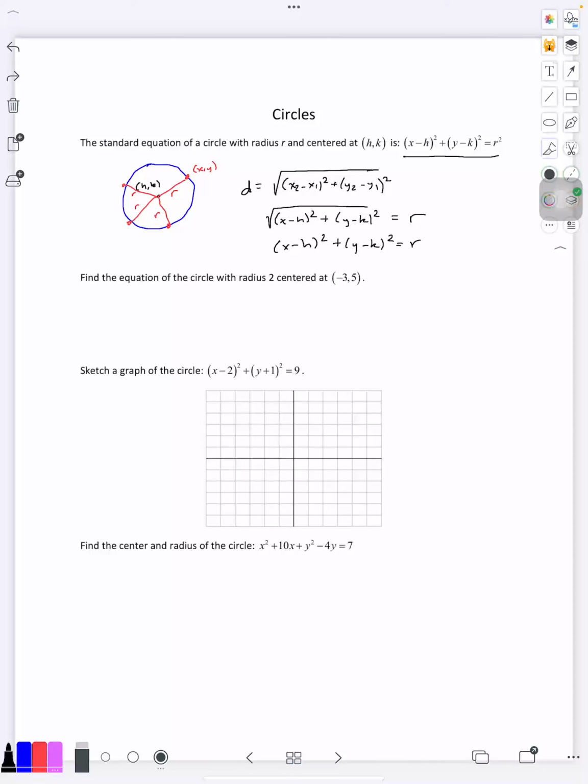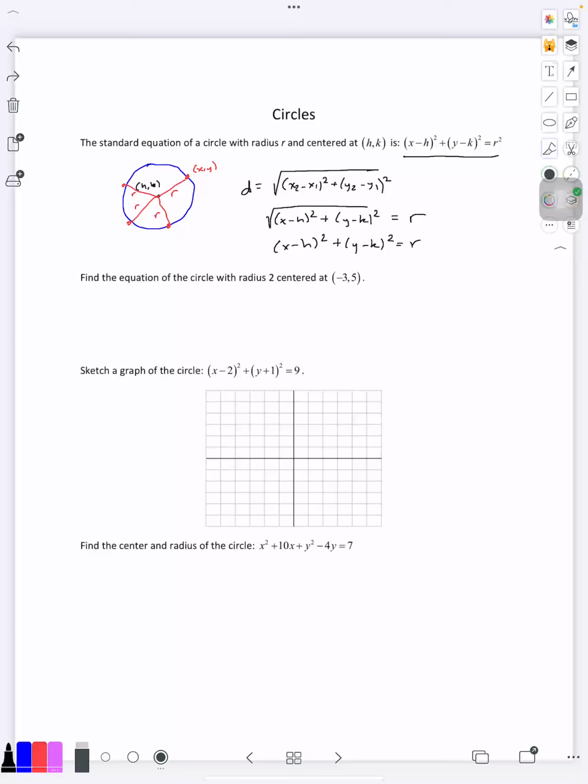Now there are a few different types of problems that we can ask you about with regard to circles. The first and easiest is, if I have a circle with radius 2 centered at (-3, 5), we can use that information to write the equation down. Sometimes they will give you the center and the radius and ask you to find the equation.